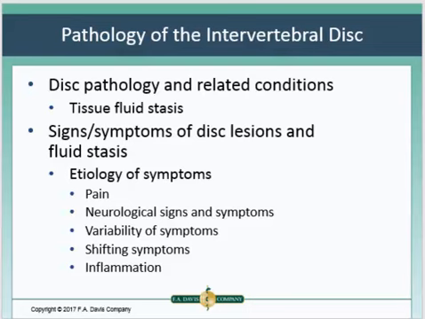Right, when it comes to signs and symptoms of either disc lesions or this fluid stasis movement, the typical symptom you're going to see initially is pain. But you need to be careful. Only the outer one-third of the annulus is innervated, so until the problem is significant, they may not have pain. Other signs are neurological signs.